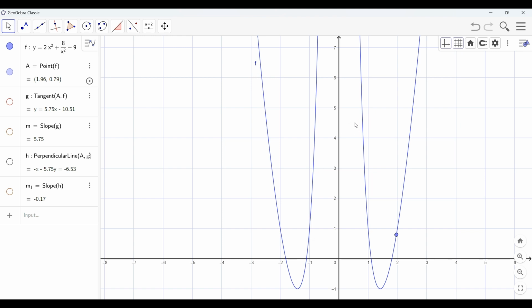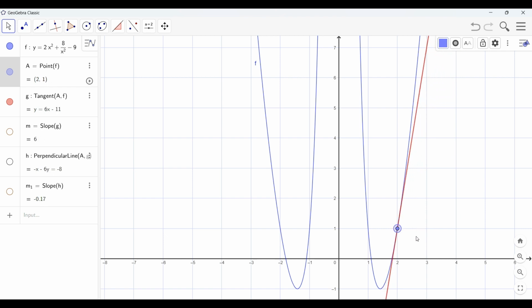And what we're interested in is that if we were to imagine the tangent of this curve, the gradient of this tangent will change, become either less steep, flat, or negative, depending on the value of x. As we slide the tangential point along the curve, we see that naturally the gradient of this curve will change.